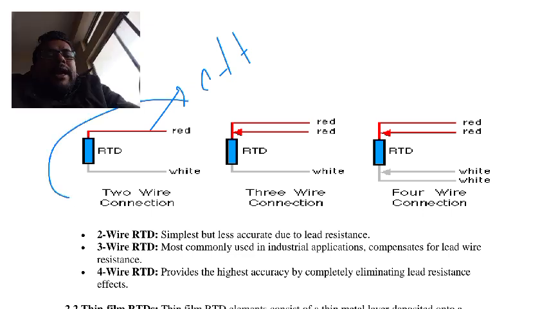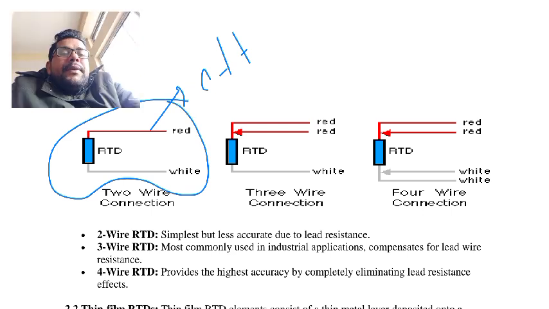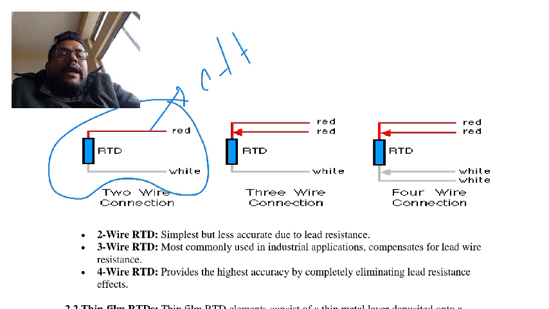When we do not need more accuracy and want less cost, that time we use the 2-wire RTD, simple and less accurate because of lead resistance.